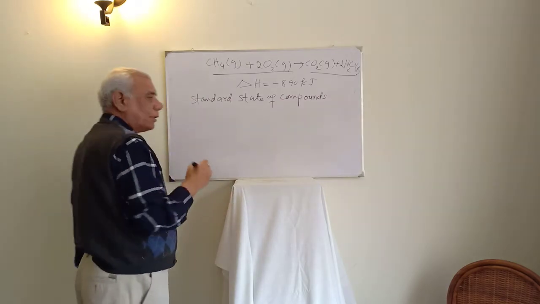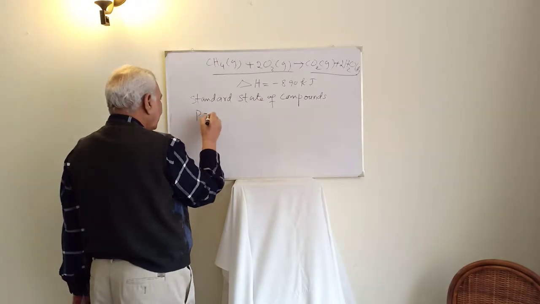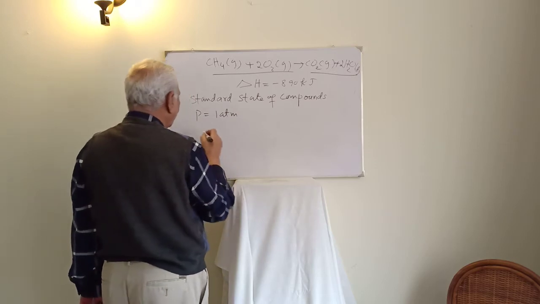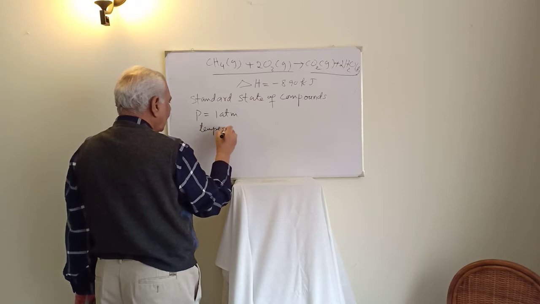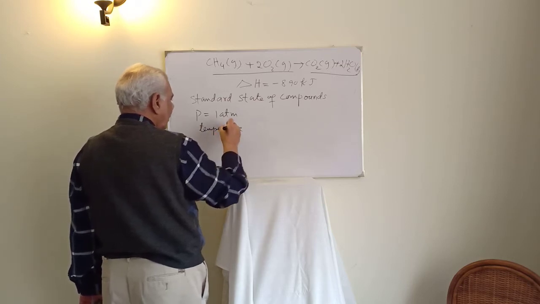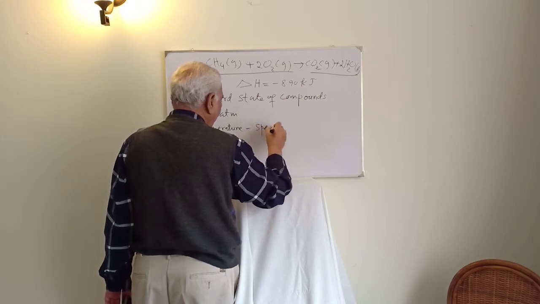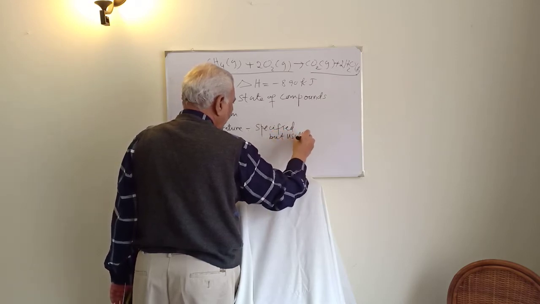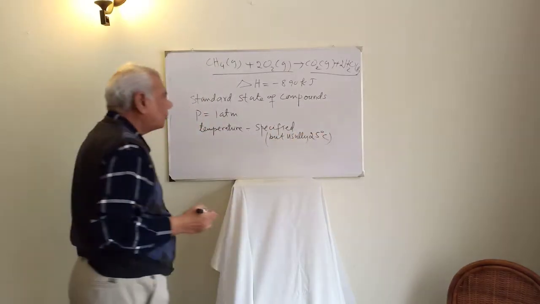Well, the standard state of a compound is pressure equal to 1 atmosphere and temperature is specified, but usually 25 degrees centigrade.